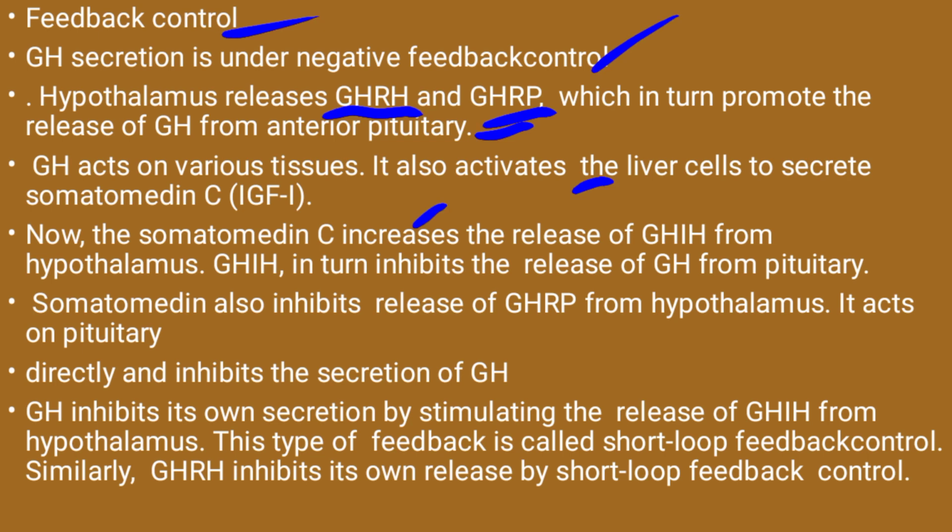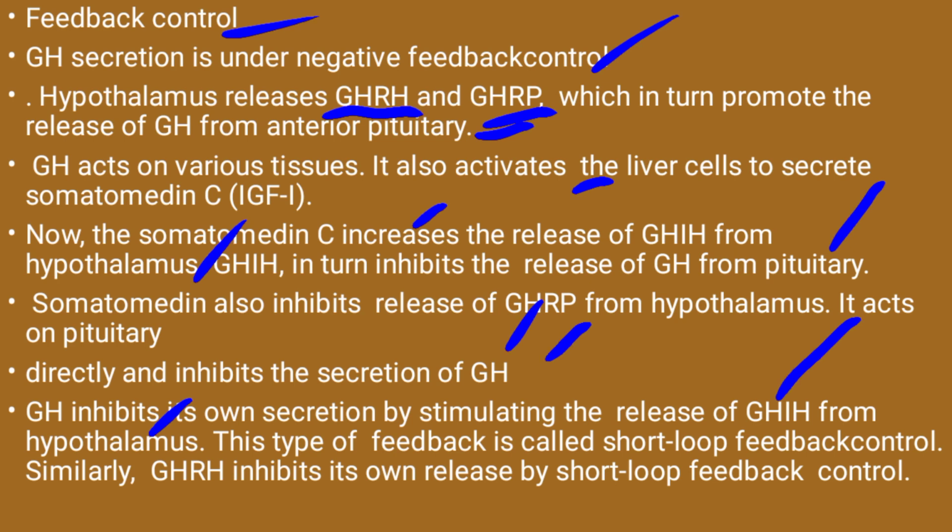Now the somatomedin increases the release of growth hormone inhibitory hormone from the hypothalamus, and growth hormone inhibitory hormone inhibits the release of growth hormone from the pituitary gland. Somatomedin also inhibits the release of growth hormone releasing polypeptide from the hypothalamus. It acts on the pituitary directly and inhibits the secretion of growth hormone. Growth hormone inhibits its own secretion by stimulating the release of growth hormone inhibitory hormone from the hypothalamus.